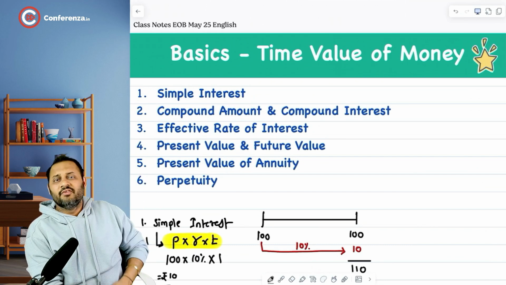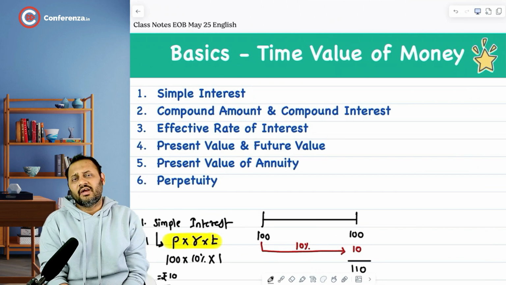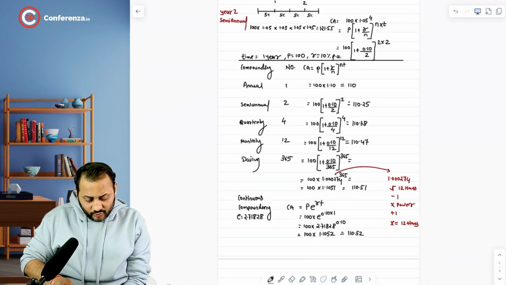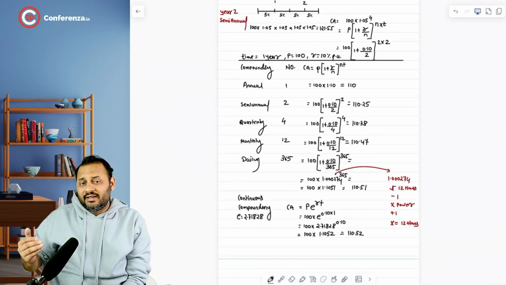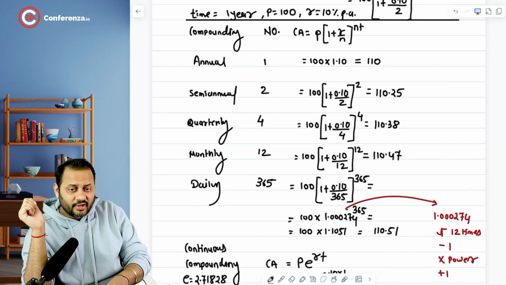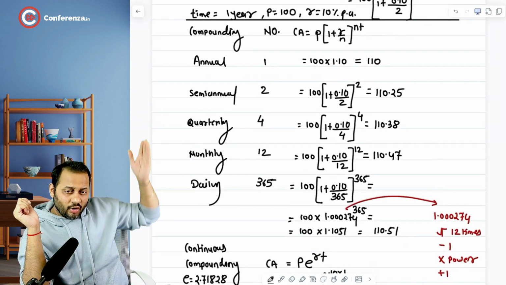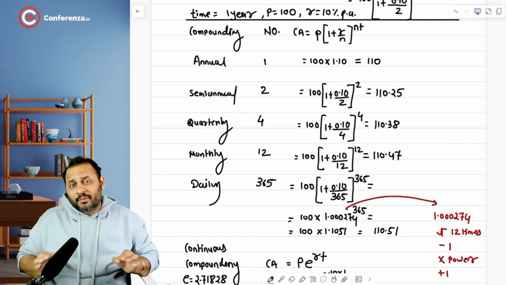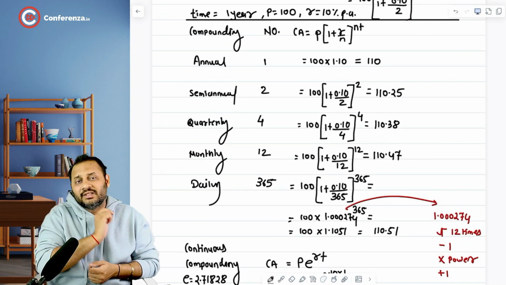Now let's look at the effective rate of interest. What is the effective rate of interest? I will show you. Effective means in actuality how much you earned in that 1 year. The rate of interest in all these cases was 10% per annum, but it's not just the 10% that you earned, you earned more than that.